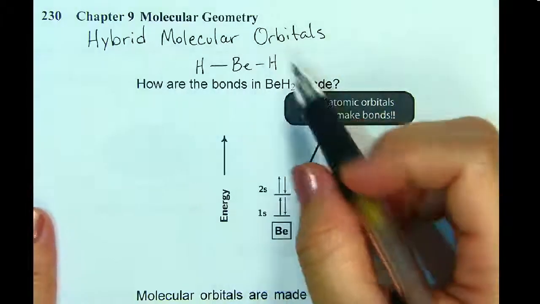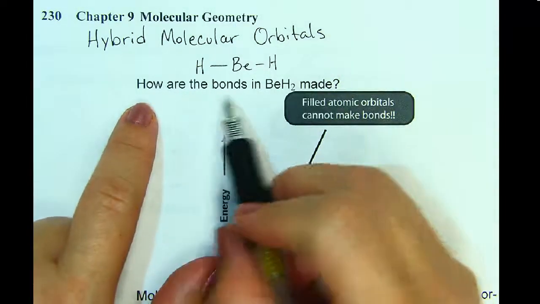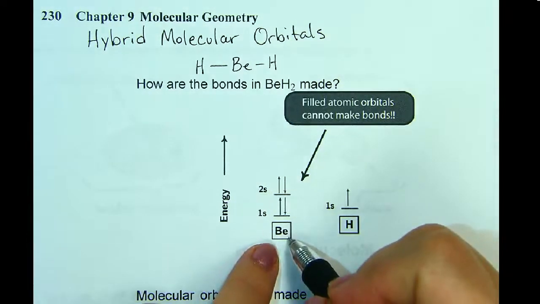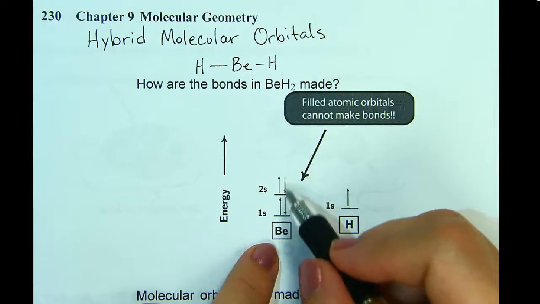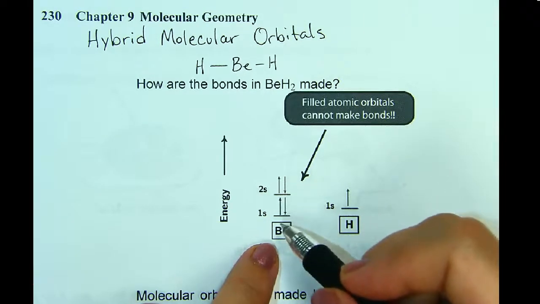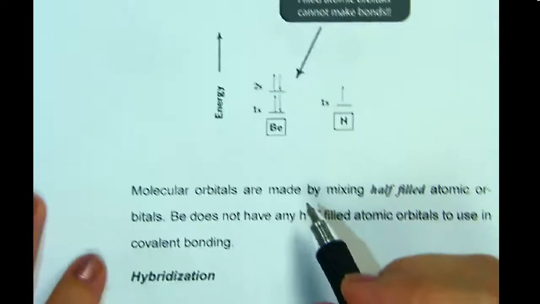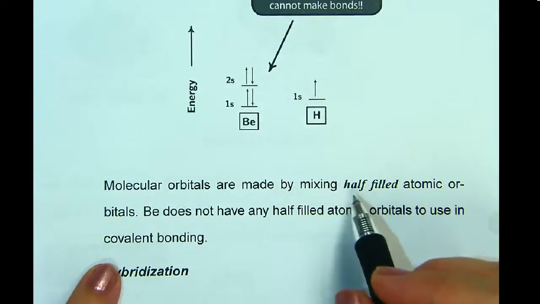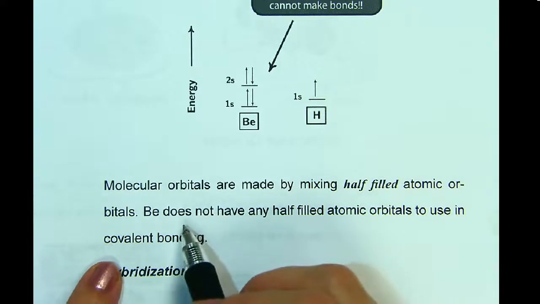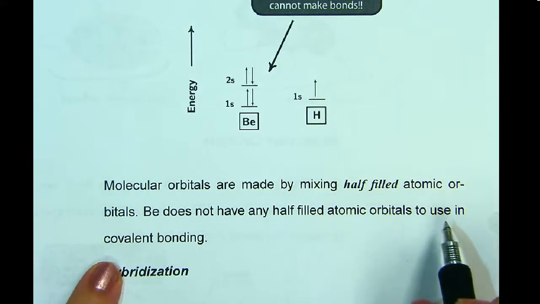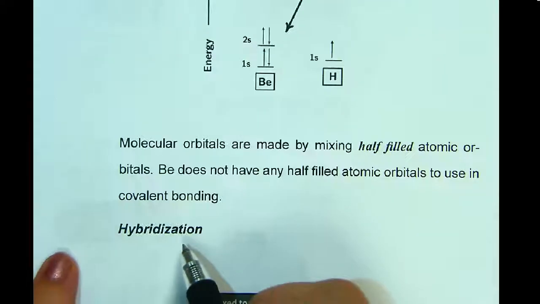Hybrid molecular orbitals. BeH2. How are the bonds in BeH2 made? Well, here's your beryllium atom, and there is no single electron present. And then in your hydrogen atom, we have the 1s1 electron. Molecular orbitals are made by mixing half-filled atomic orbitals. Beryllium does not have any half-filled atomic orbitals to use in covalent bonding, so it undergoes a process known as hybridization.